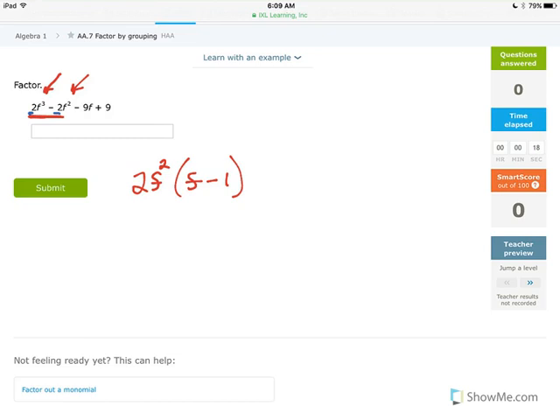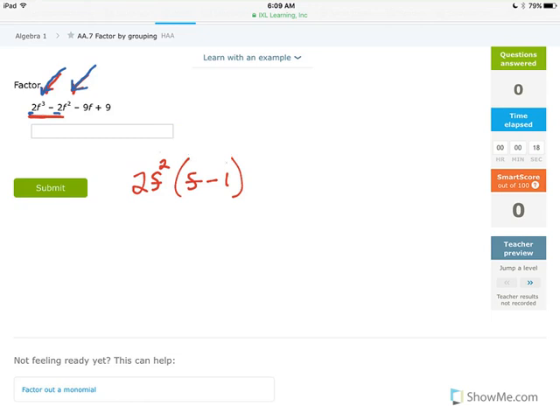And then at this step, I would double check and make sure this makes sense. So if you were to think about distributing this back in, your 2f squared times the f gets you your first original term back, and your 2f squared times the negative 1 would get you your second term back. So you want to make sure that the multiplication is making sense to kind of check your work as you go.